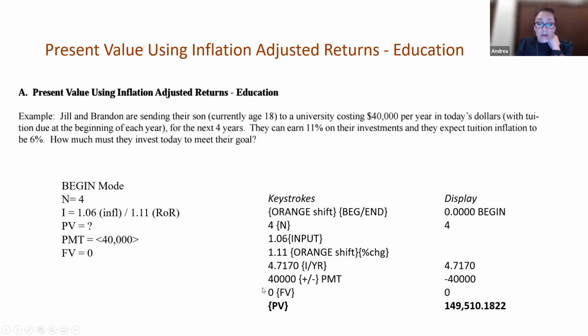They're going to be spending $40,000 annually. That's their payment. So it's 40,000. You're going to hit the minus button and your payment key to plug that in. And we are solving for present value, which is 149,510.